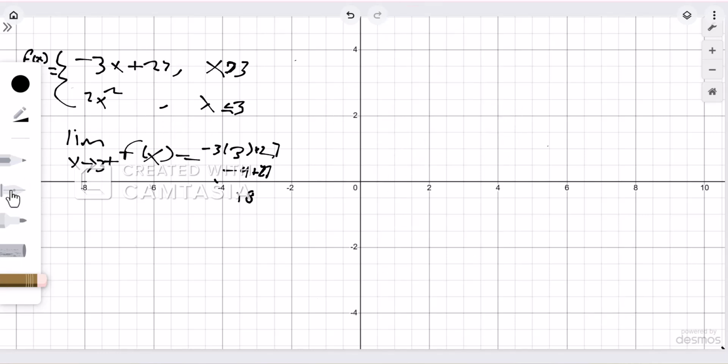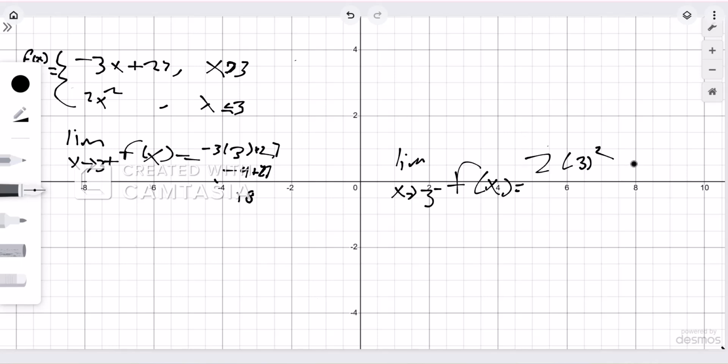Okay, we're back. So now we're going to find the limit when x approaches 3 from the left side. So this is going to equal 2 times 3 squared.